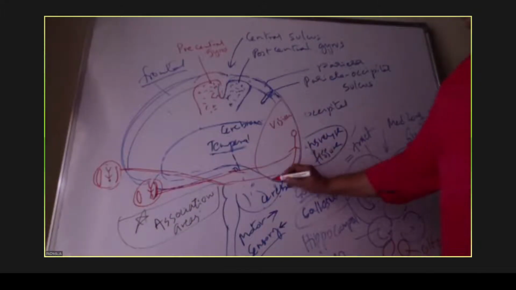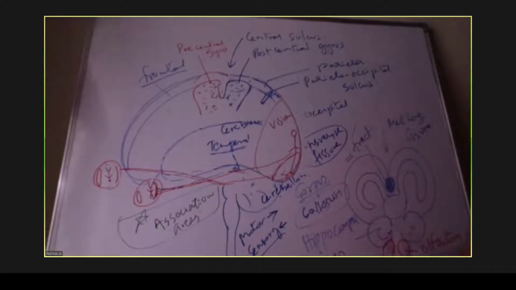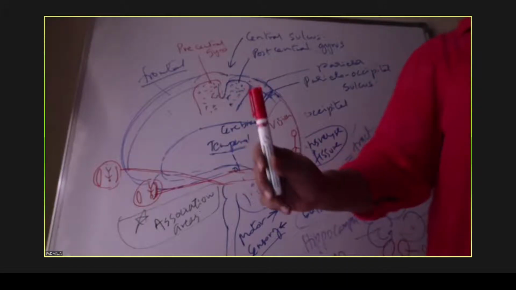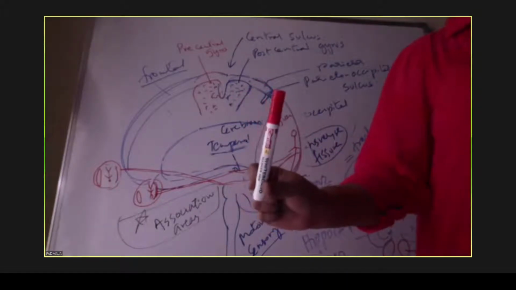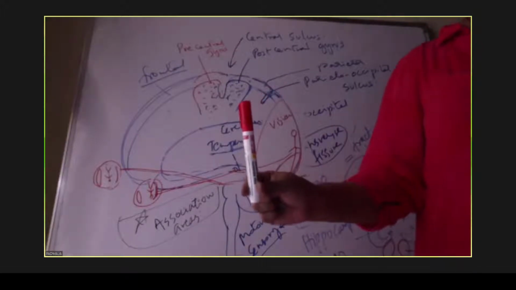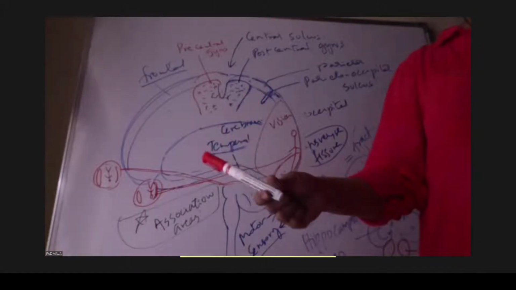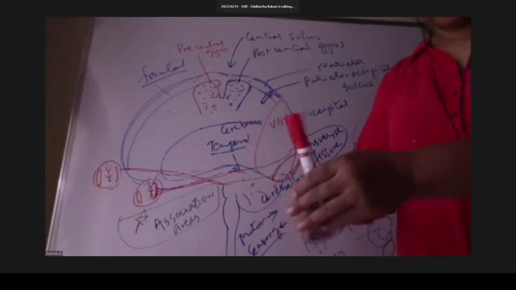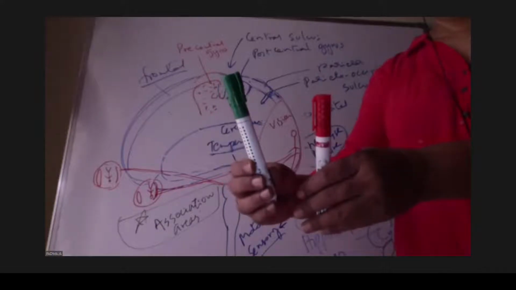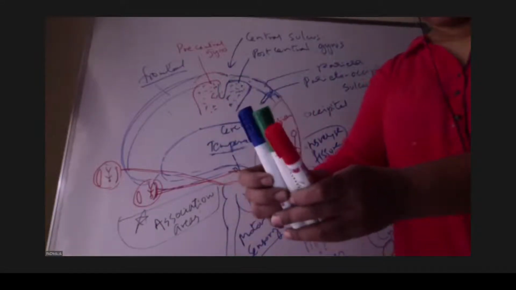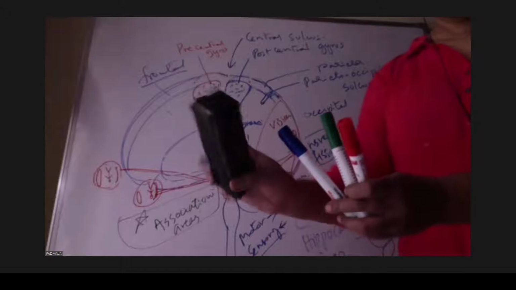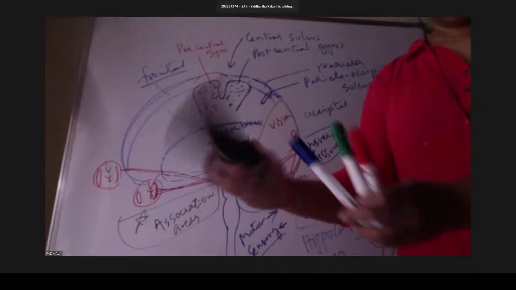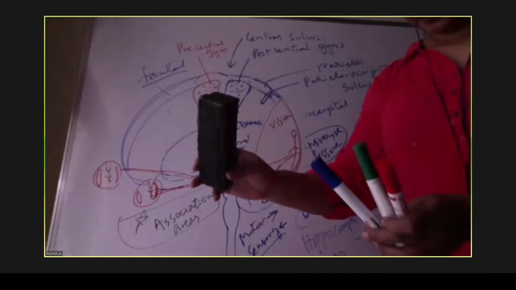Here, vision association area. What is the meaning of that? Suppose if I say, what is this? Tell me. Which pen is it? Which color? Red color. Green. Blue. Duster. Which color? Black color.